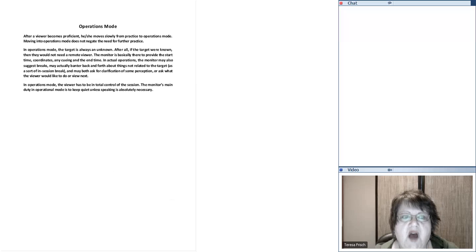And then in operations, I want to clarify that operations mode does not mean something as far as intelligence gathering or secret or anything like that. Operations merely means applications. After the viewer becomes proficient and moves slowly from practice to operations mode, that does not mean that the viewer does not need to ever practice again.